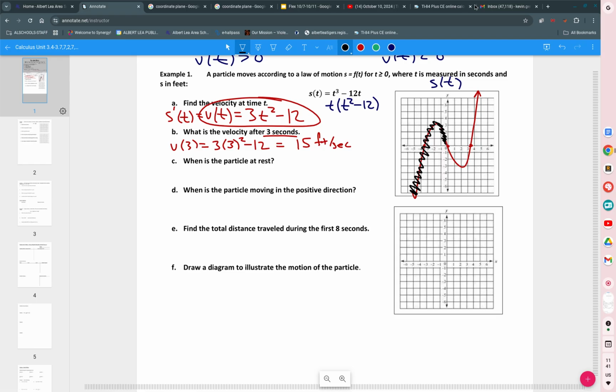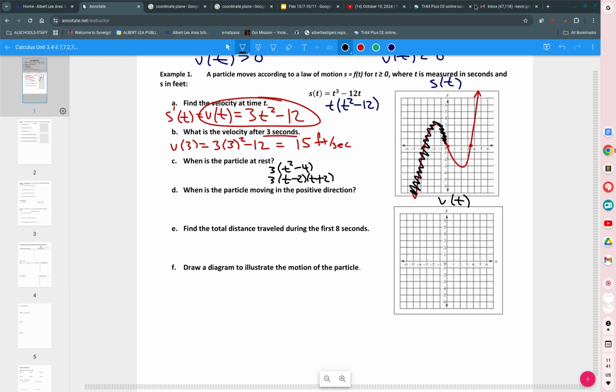So now, before I go to this next part, I want to talk about when the particle is at rest. I'm going to actually draw the graph of v of t. And I notice that v of t is 3t squared minus 12. What shape does that make? Parabola. And if we were to factor this, we get 3 times t squared minus 4, or 3 times t minus 2 times t plus 2.